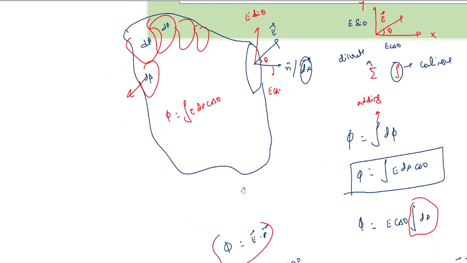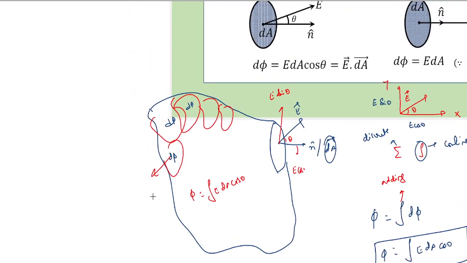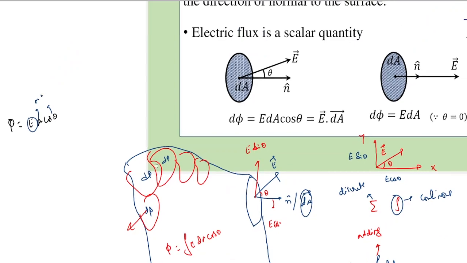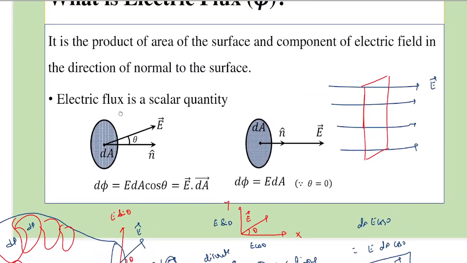Now dimensionally, we'll take a simpler case where flux is equal to E into A into cos theta. Now dimensionally, cos theta has no dimension, so it becomes meter square into the dimension of E. So put in the dimension of E and solve and see it. You would get the dimension of electric flux.